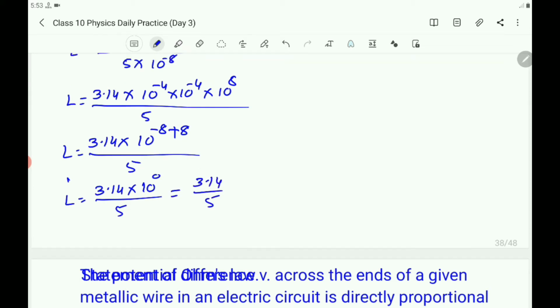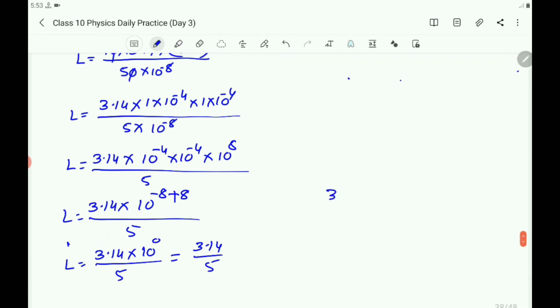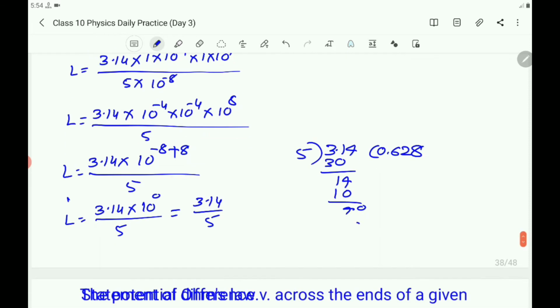That equals 3.14 divided by 5. 5 sixes are 30, and 3 is not divisible by 5, so take 31, and after the decimal point write 0 point here. 1 is remaining, 14, 5 twos are 10, 4 is remaining, put 0, 5 eights are 40.